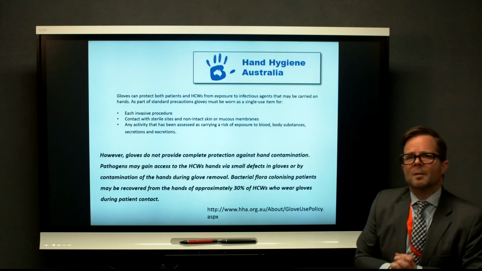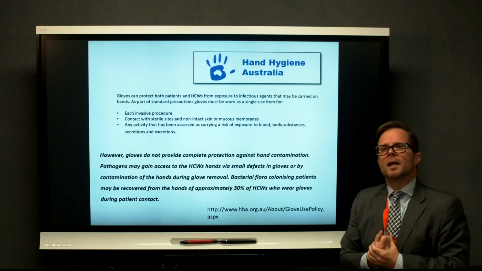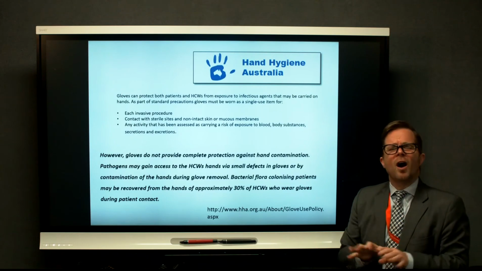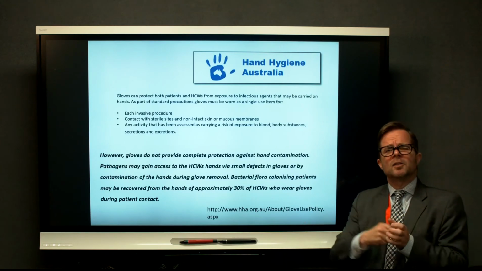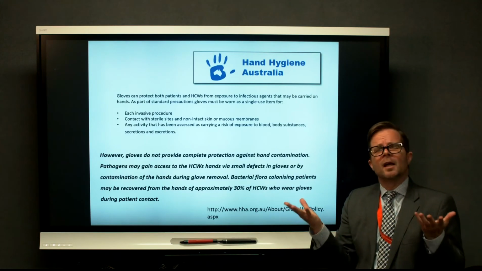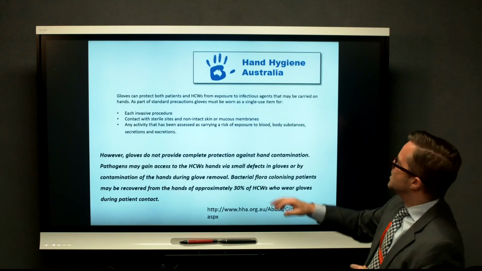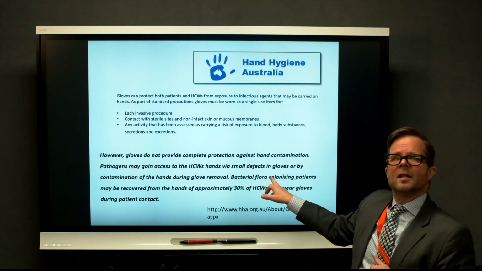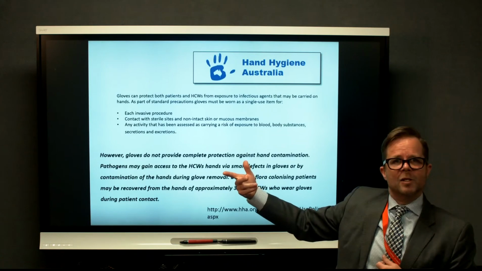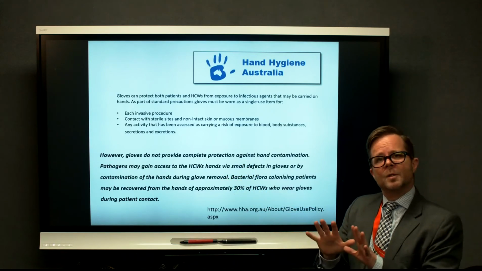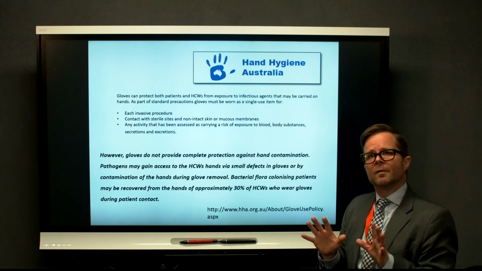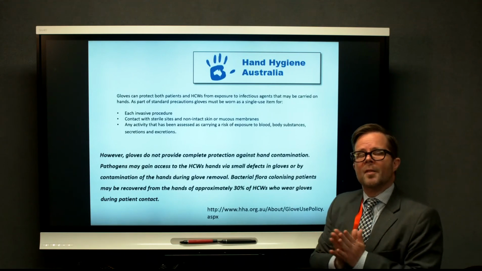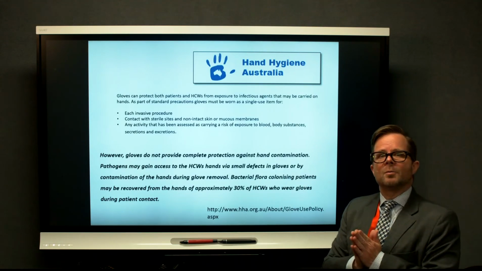So commonly when people don't follow hand hygiene rules, they say to me, well, I had gloves on, and I took the gloves off, and so my hands are clean. In fact, they're not, because there are small defects in the gloves that then let some contamination through. So the gloves protect our hands to a certain degree from heavy contamination, but they do not protect our hands 100%.